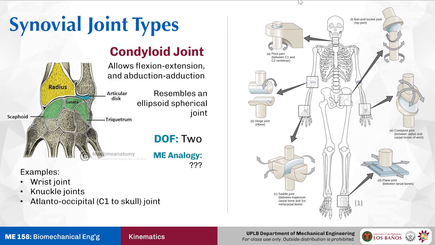Now for your wrist, although you may think, oh, I can turn my hands outward and inward, that motion is actually from the radioulnar joints. They are not in the wrist. You can try this. Try to restrict the part of your forearm just before the wrist, and try to pronate and supinate it.